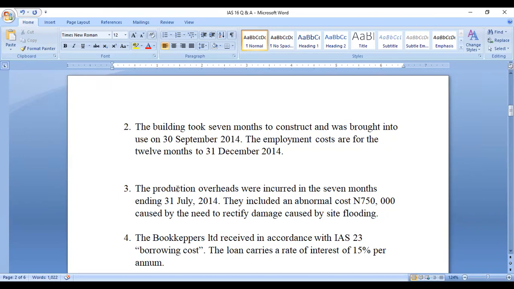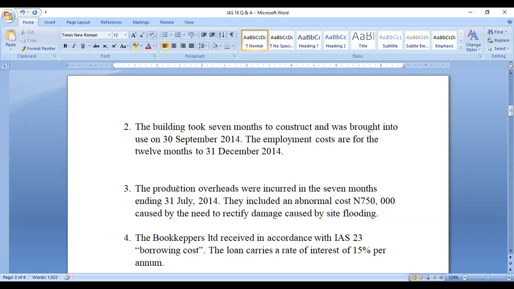Generally, production overhead cost is usually not a direct cost. But the ones that have been apportioned to a particular department or a particular asset can then be included.